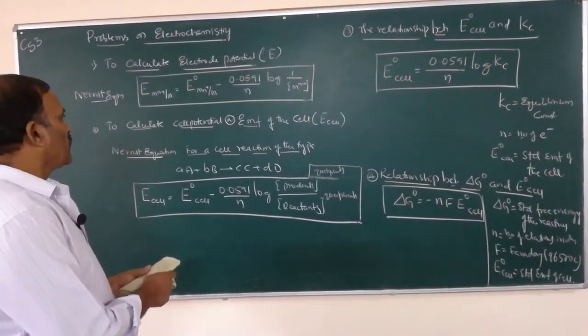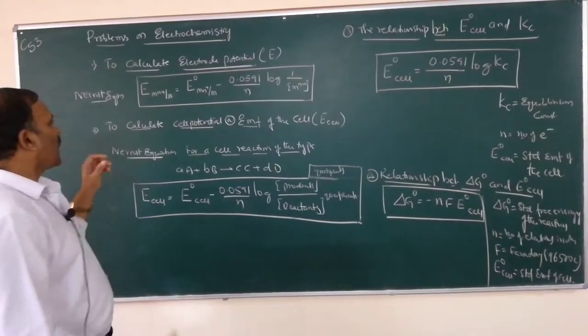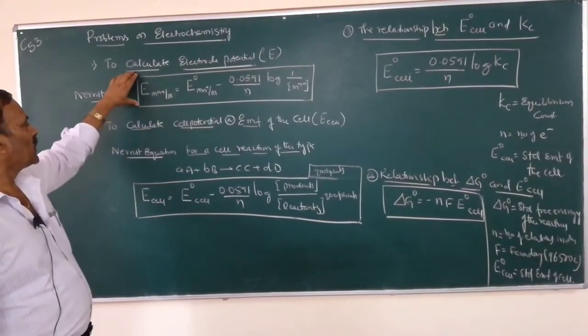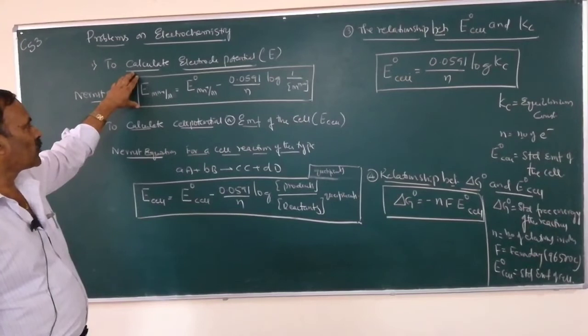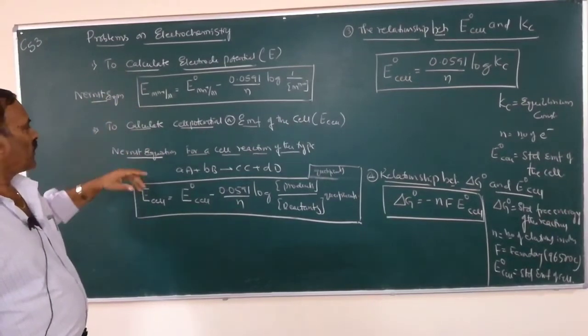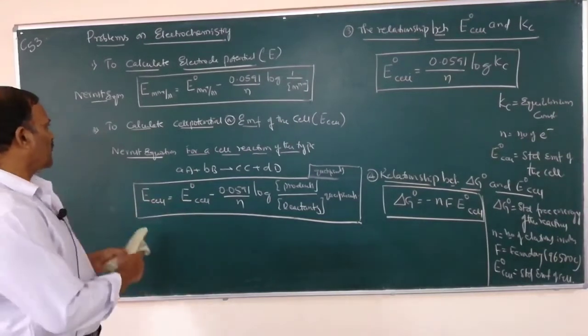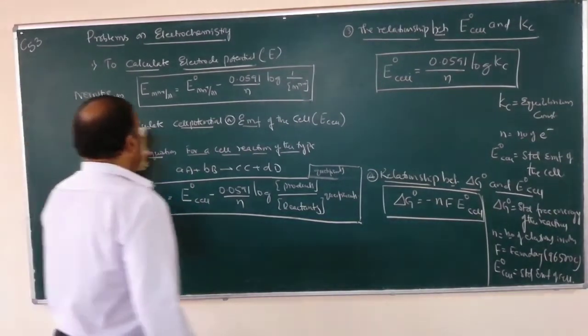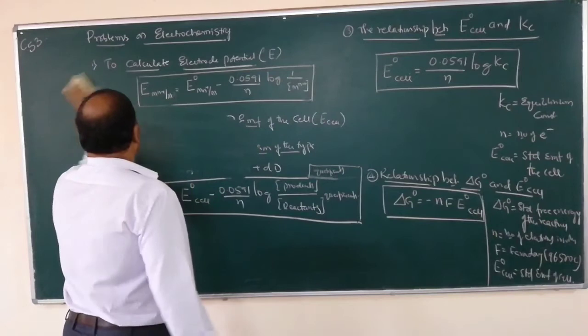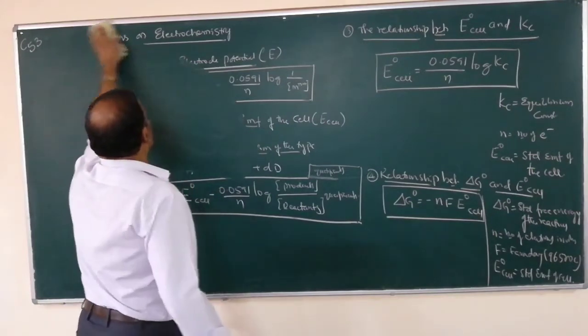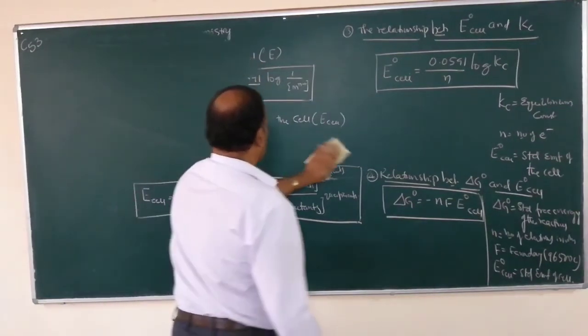I have done many problems on the equation to calculate electrode potential. So today I will give you some problems on these formulas to calculate the EMF of the cell, and then to calculate the equilibrium constant, the free energy change of the reaction, etc.